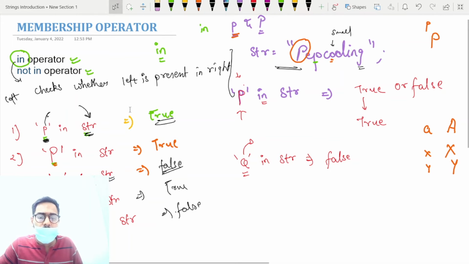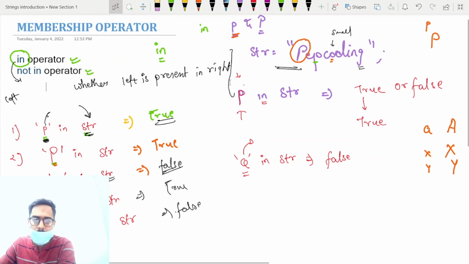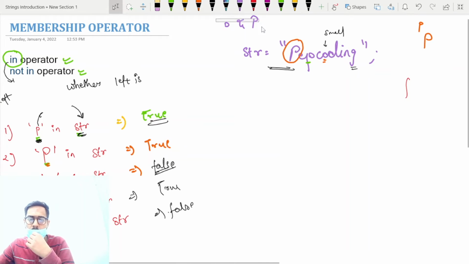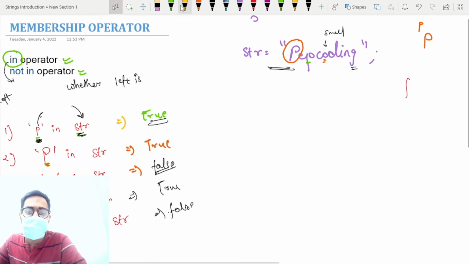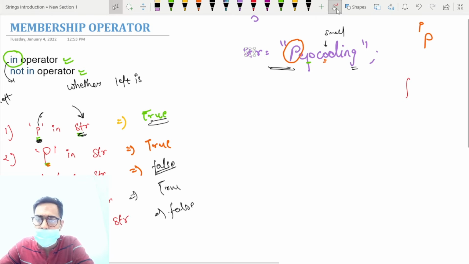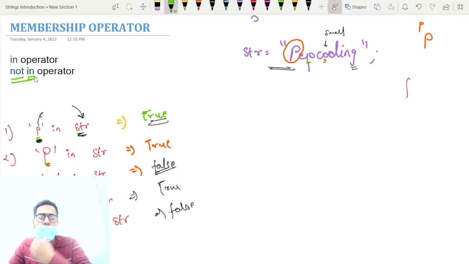Now let's look at our second operator. The second operator is the not in operator.